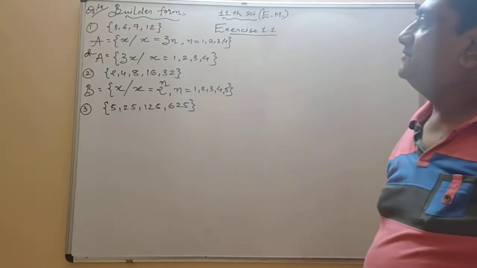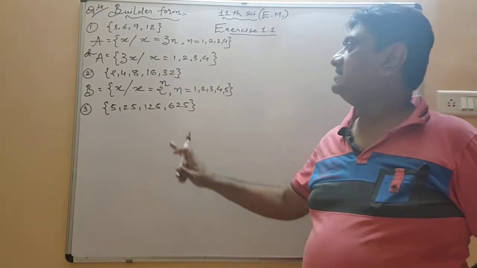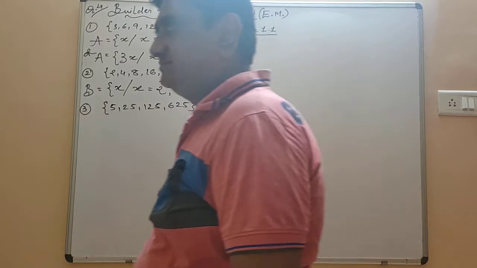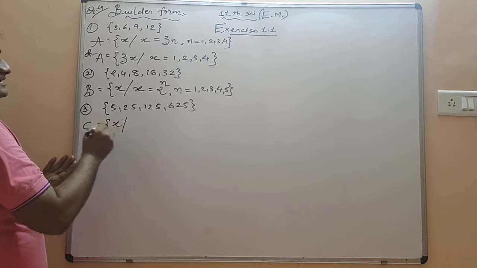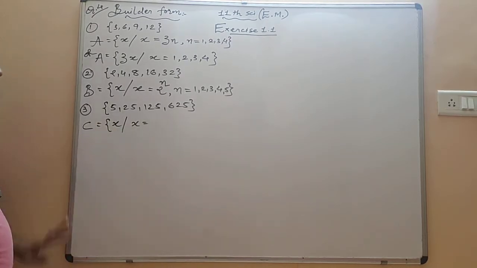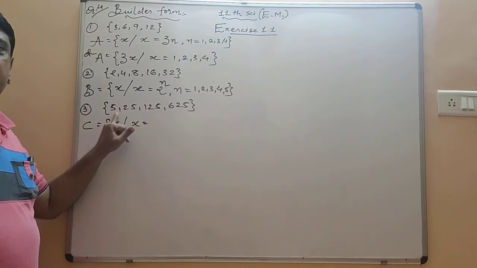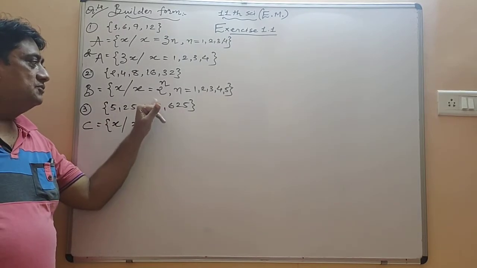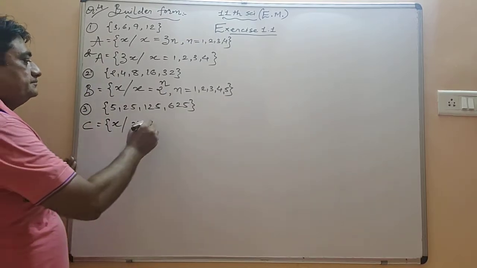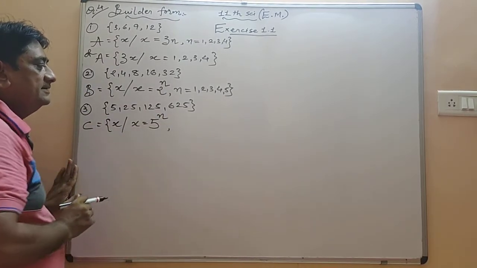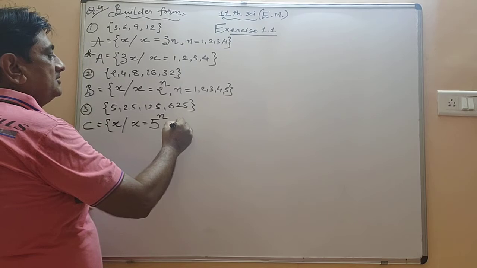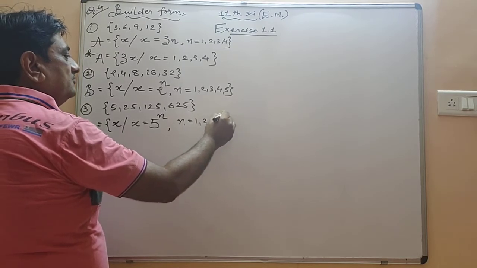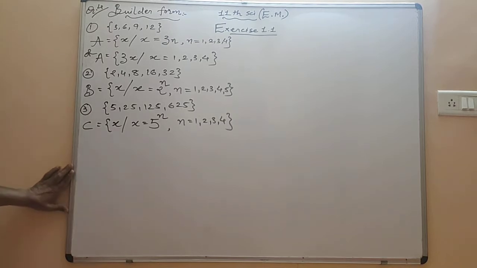Second sum is 2, 4, 8, 16 and 32, which are powers of 2. So C set is x such that x is equal to 5 raised to 1 power, 5 square, 5 cube and 5 raised to 4. It is 5 raised to n. What value of n do we have to take? n is equal to 1, 2, 3 and 4. Same as previous.